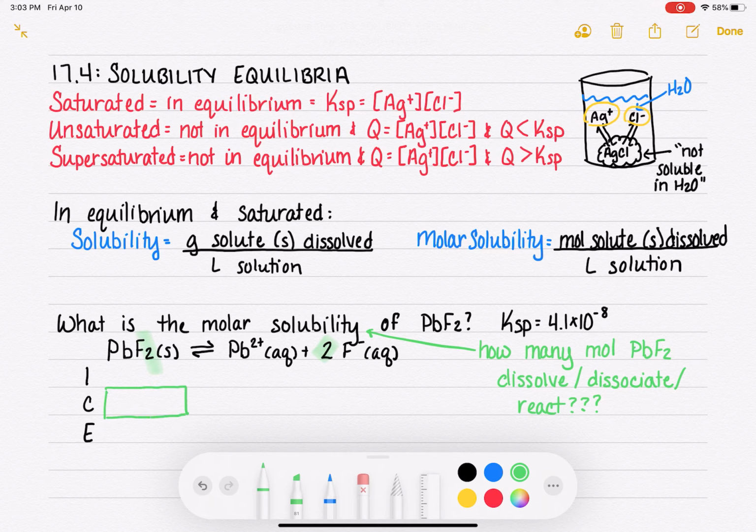What is the change for PbF2? How much PbF2 is actually going to be reacting? So we have to fill this ICE table out in order to answer the question, because the answer is in the ICE table. Now, filling this ICE table out, we do not have any idea at all about how much PbF2 we're starting with.